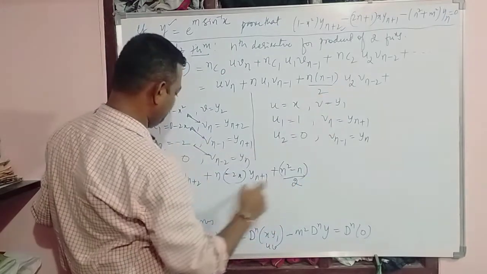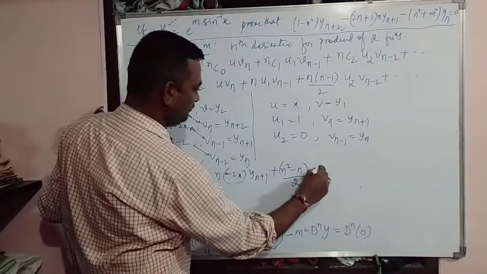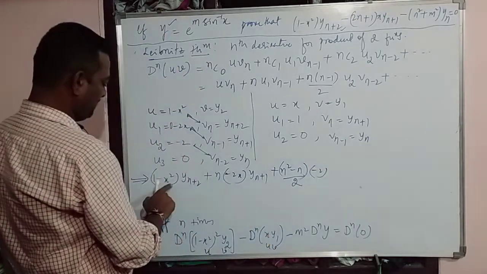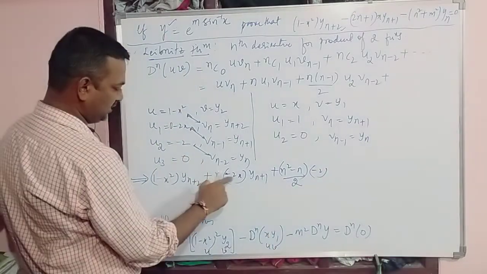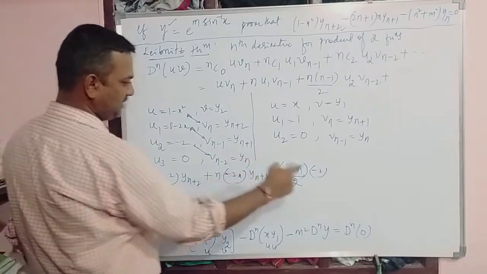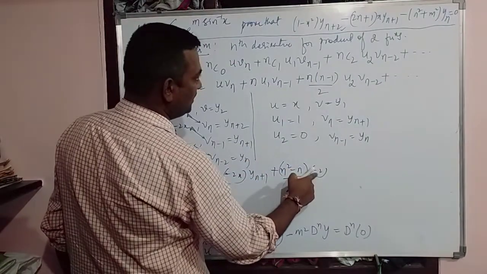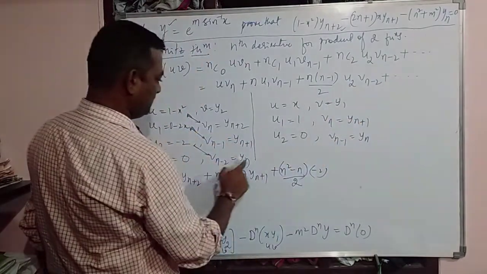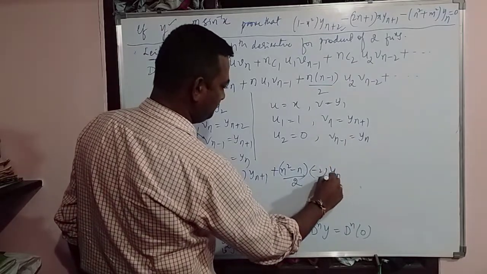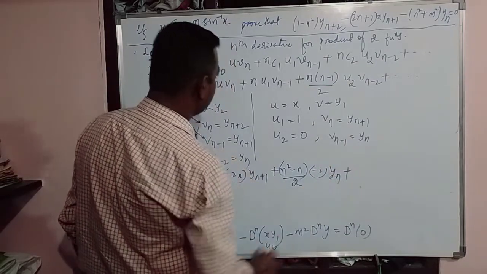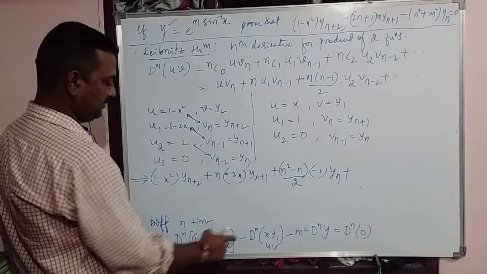What is u2? Minus 2, into vn minus 2 is yn, minus.